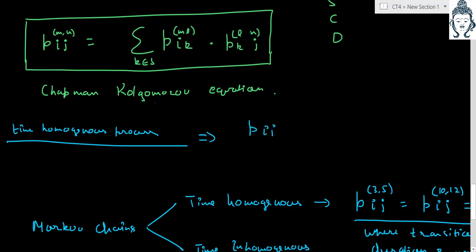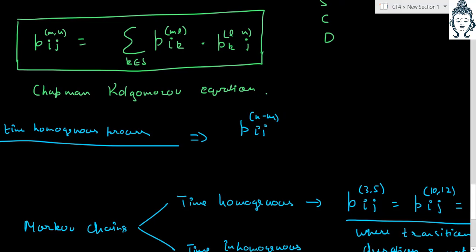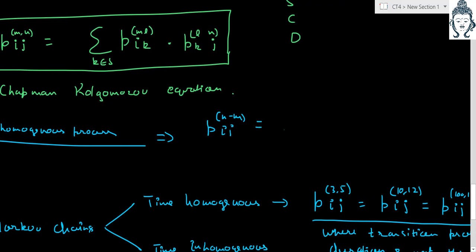So Pij over the duration, what would be the duration here? n minus m. So Pij over the duration n minus m is equal to the probability of transitioning from i to k over the duration l minus m, and then transitioning from k to j over the duration n minus l, and this is added over all the possible states k that belong to S.